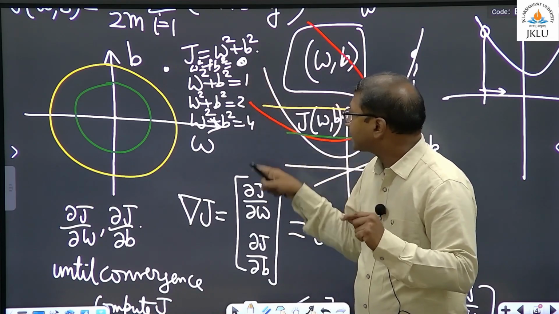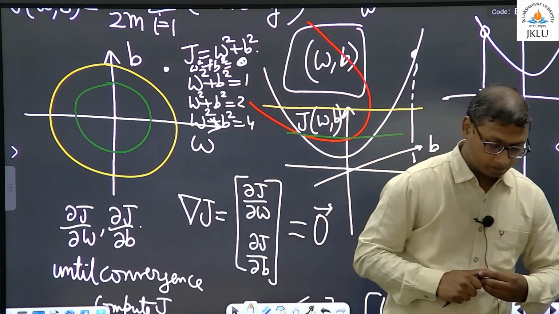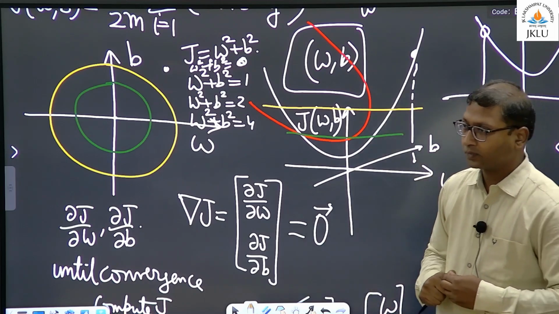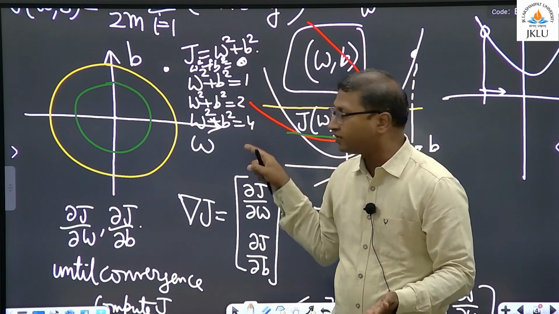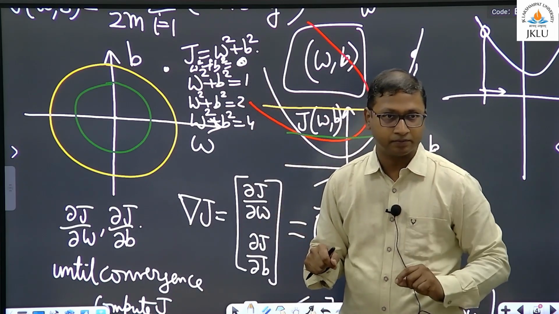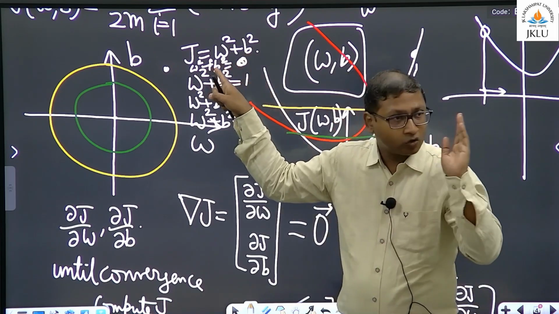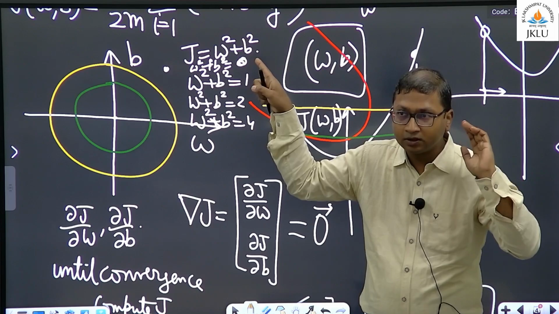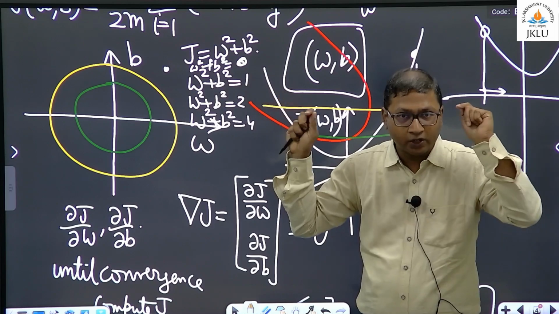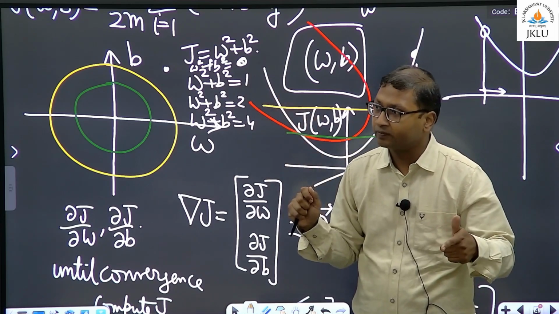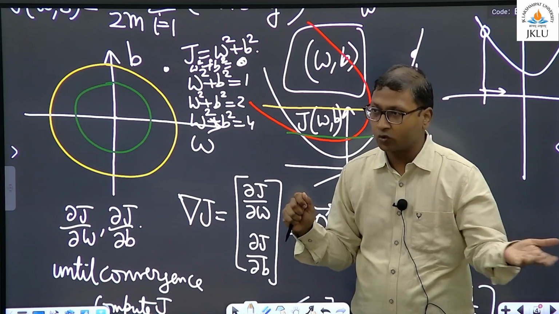What is the right hand side giving me? The square root of that gives me the radius. But what is the right hand side giving me? The value of J. So when I am at 0 comma 0, the value of J is 0. When I am at the circle w square plus b square equal to 1, the value of J is 1, and so on.